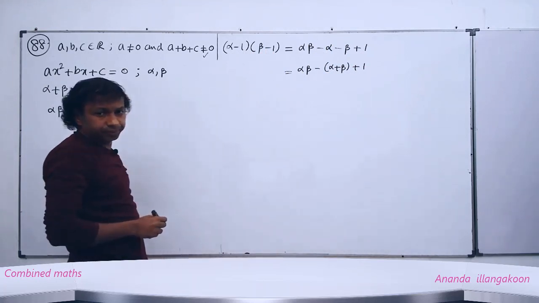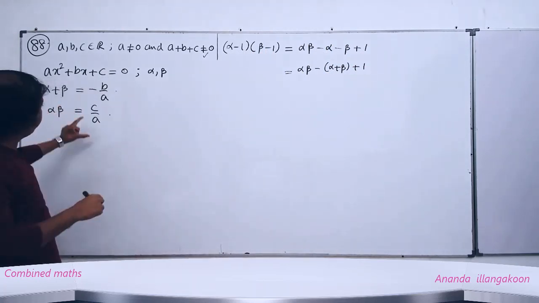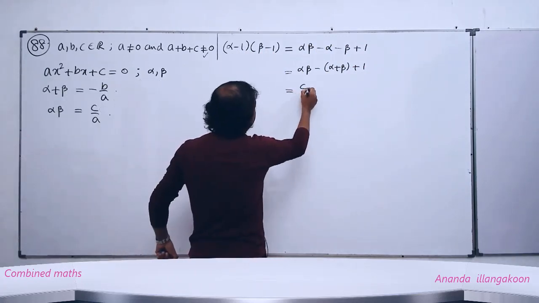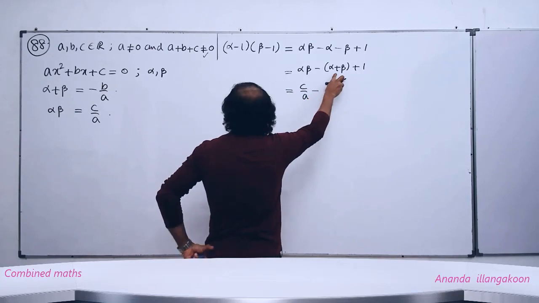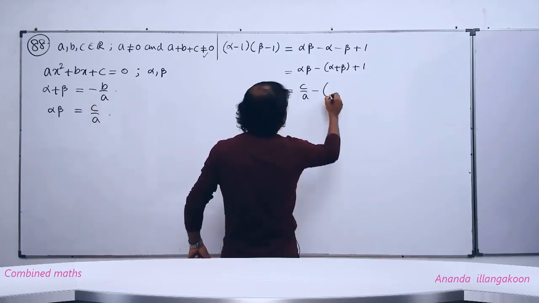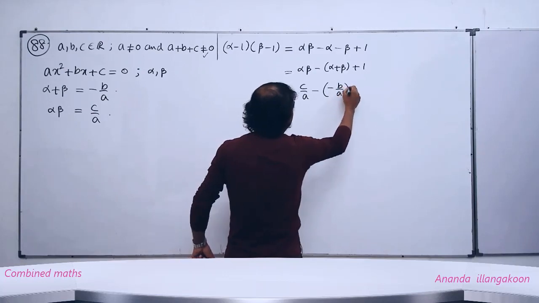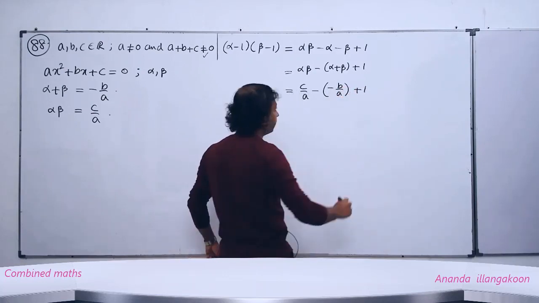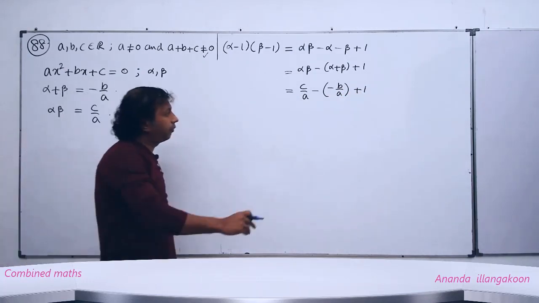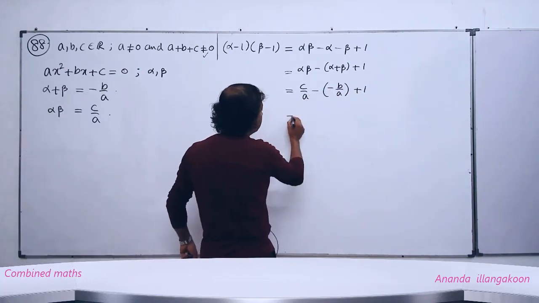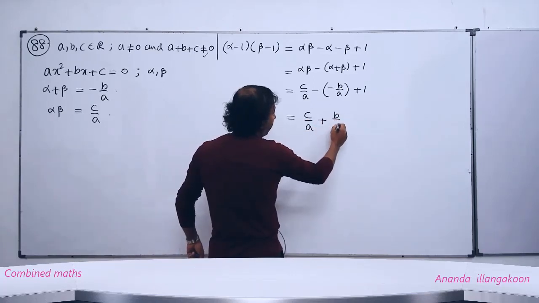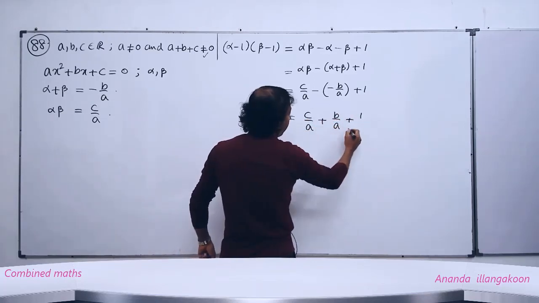Substitute the product c divided by a, minus alpha plus beta, which is minus b by a, plus 1. Now minus minus is plus: c divided by a plus b divided by a plus 1.